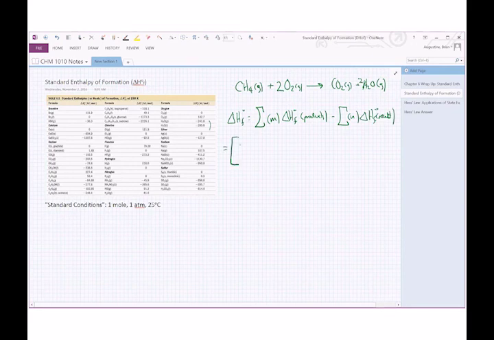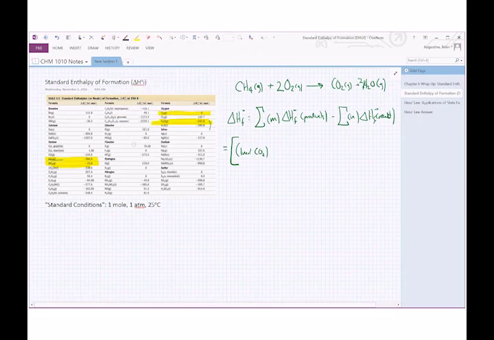I've got 1 mole CO2 times, where's CO2? I'm going to highlight the ones I'm interested in. CO2 gas is right here. Water, H2O gas, is right here. CH4 is right here. And then oxygen, oh wait, that one's 0. We already knew that.